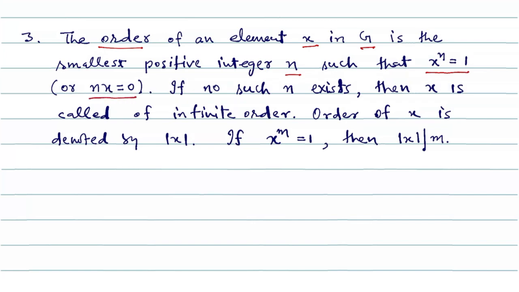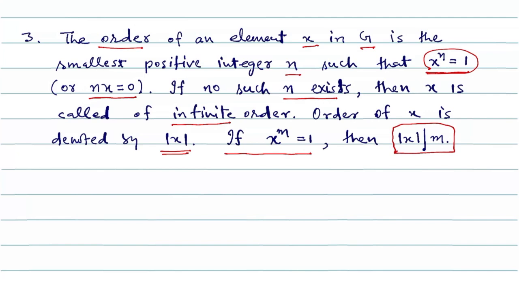If no such n exists, that means we cannot find an n such that x to the power n is 1, then x is called of infinite order. Order of x is denoted by this symbol, mod x, and we read it as order of x. And another result is that if x to the power m is 1, then order of x divides m.